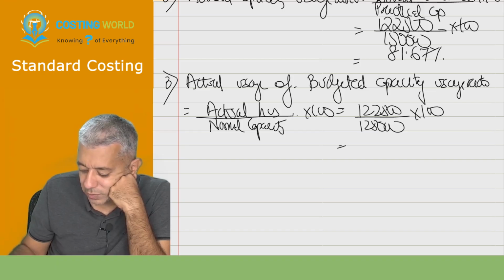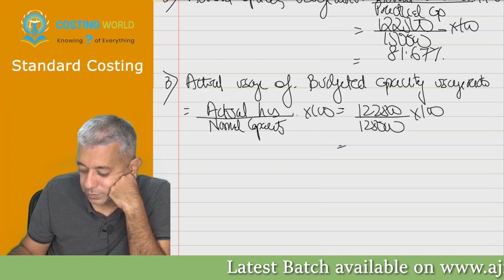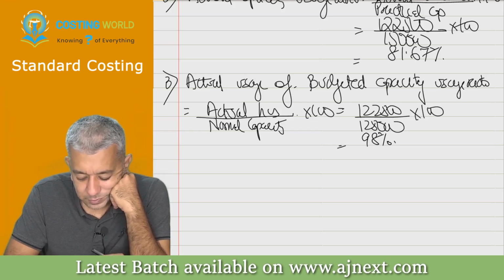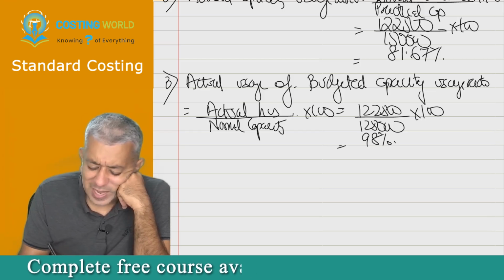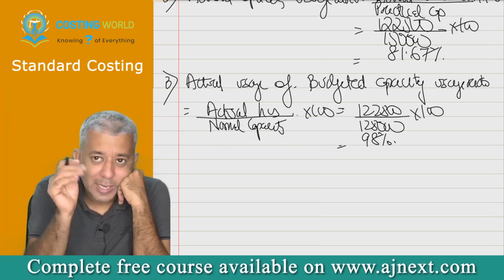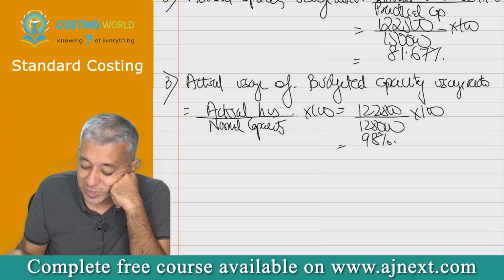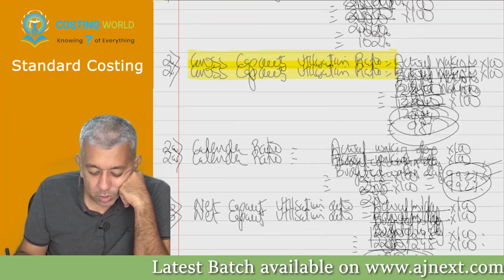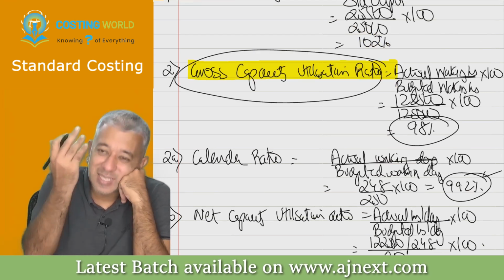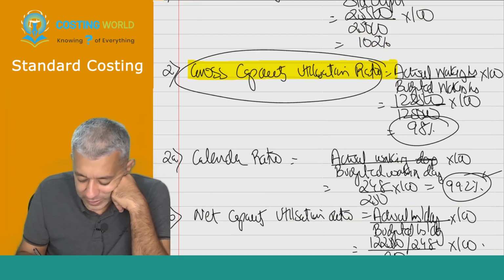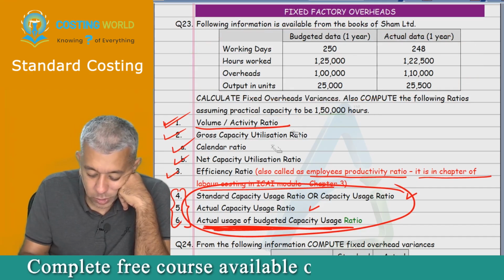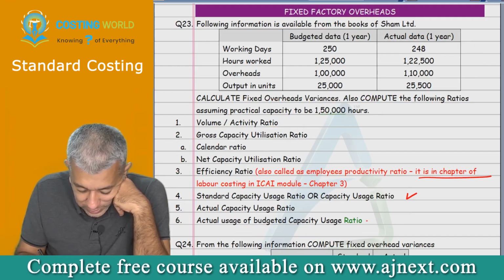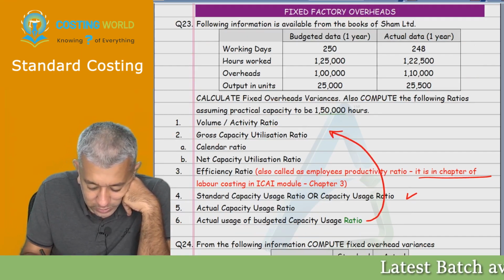Just do this, then something you all will realize also. 98%. Beta, this exact same thing you have already done before also. Tell me which particular ratio is exactly this only, beta. Your gross capacity utilization ratio. It is exactly the same particular thing. So do one thing. In your textbook, just this thing you all connect with this. Both these things are same only.